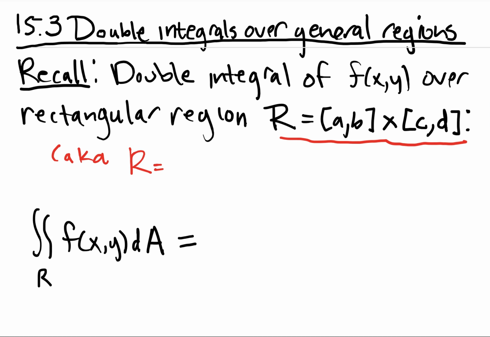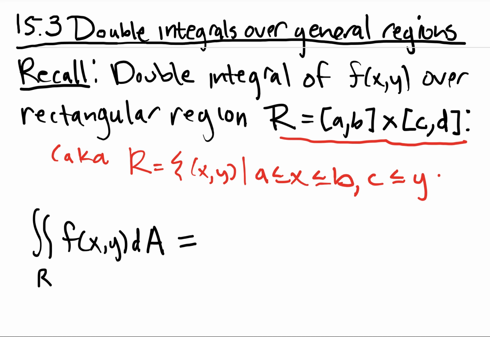So if I wanted to express this as a collection of points x, y, where x was stuck between a and b, and y was stuck between c and d, we could also express this that way. So these are the exact same sets if you had forgotten what this interval notation was.